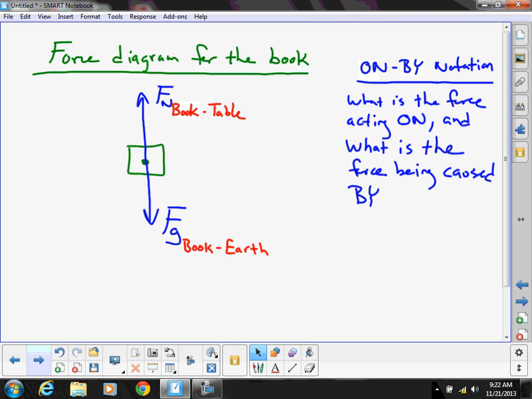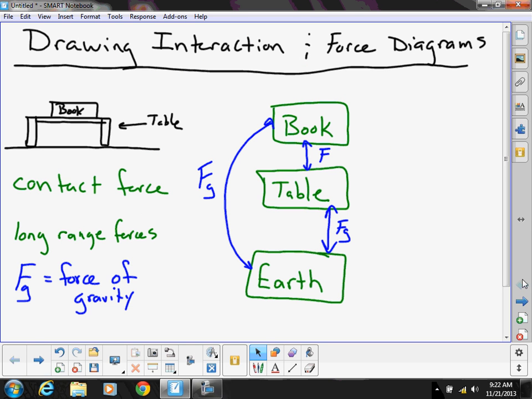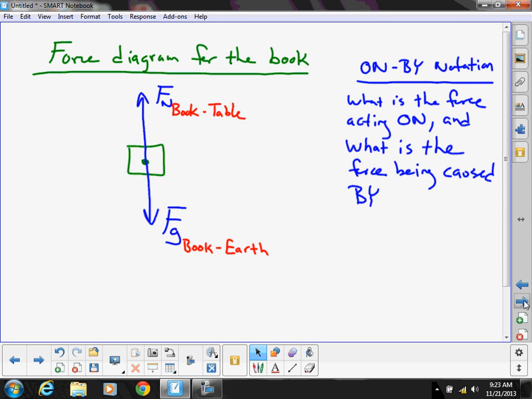If we compare our force diagram to our interaction diagram, in the interaction diagram we had two forces acting on the book because of its interaction with the table and because of the book's interaction with the Earth. We have those two interactions in our interaction diagram, and when we translate that over to our force diagram, there's also only two forces. That's why we do the interaction diagram.